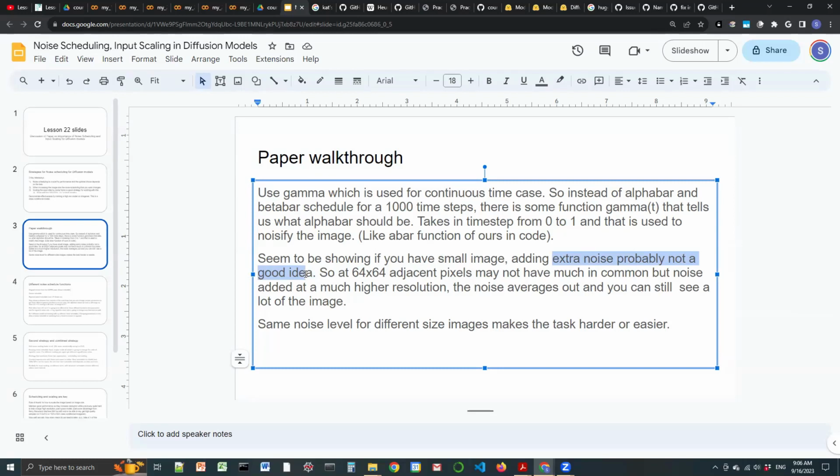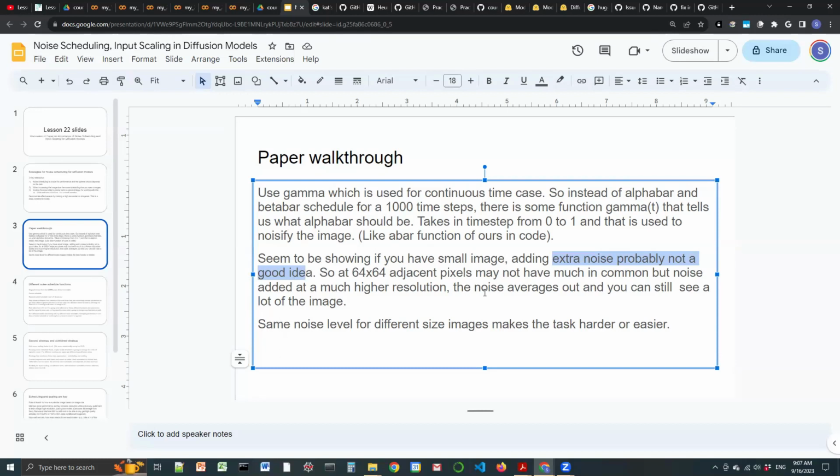Whereas in a tiny 32 by 32 or 64 by 64 pixel image, adjacent pixels may not have much in common. So when you add noise, you're displacing the pixels much more as compared to adding the same amount of noise in a much larger image. And that intuitively makes sense.